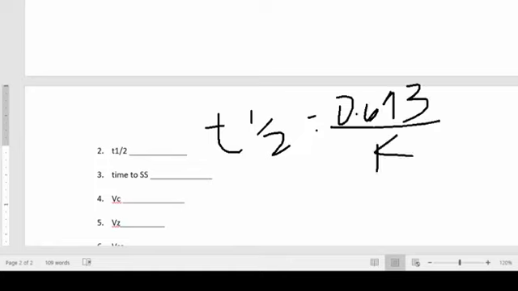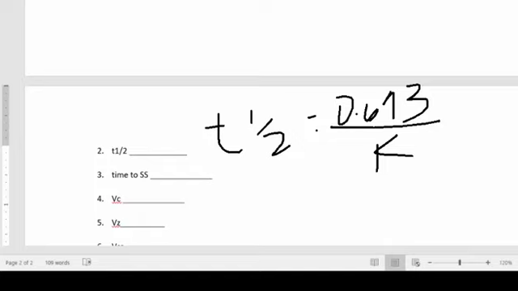But which K do we use? We have two Ks. What's going to be the rate limiting step to getting rid of the drug? The fast slope or the slow slope? It's a slow slope, right? So our slowest K is going to determine our half-life.